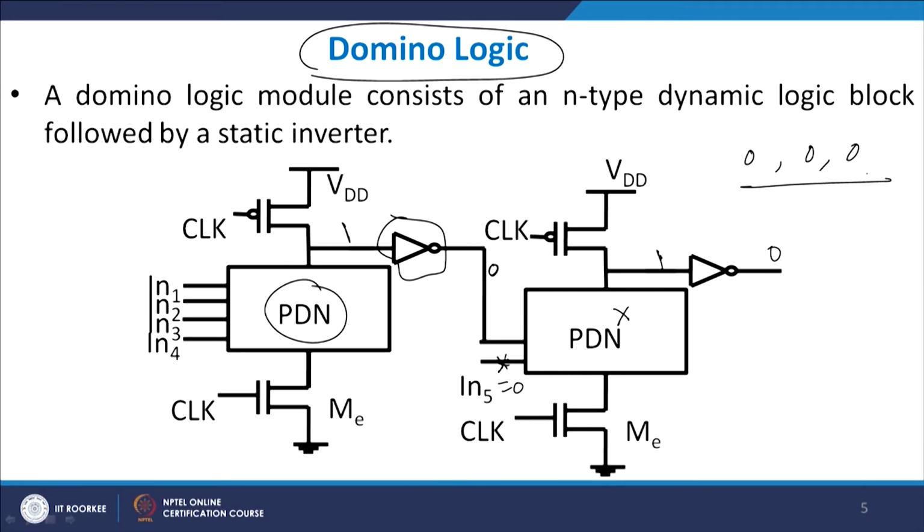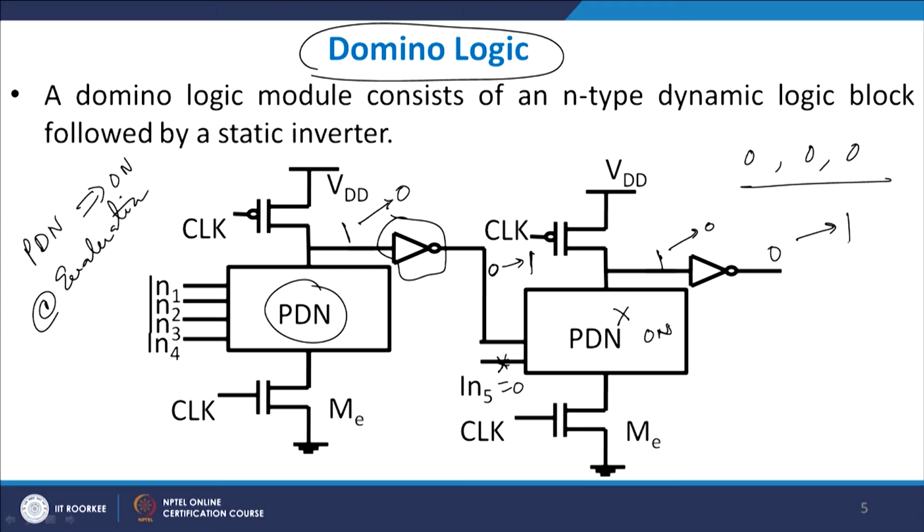Now, let me say that my in 1, in 2, in 3 and in 4 are such that in the evaluation phase my PDN is on. When my PDN is on in evaluation, this 1 goes to 0, and therefore this 0 goes to 1. As the PDN goes on, this 1 goes to 0, and therefore again 0 goes to 1.